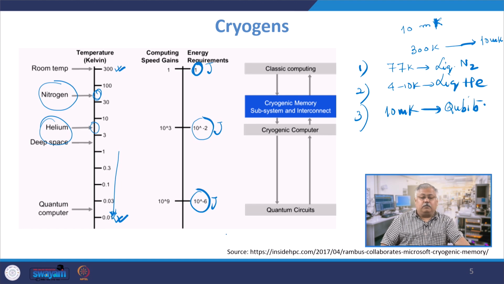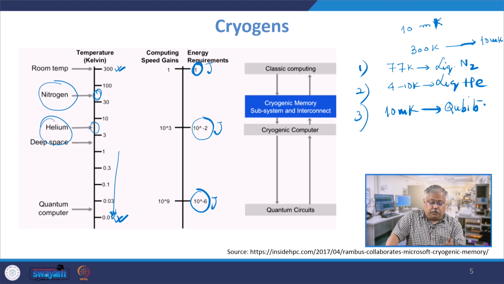So, if you are normalizing with respect to 300 Kelvin, and you are working with quantum qubits, the energy is 10 to the power minus 6 joules, which means I can operate with about 10 to the power 6 times lesser energy when operating at very low temperatures, at cryogenic temperatures.